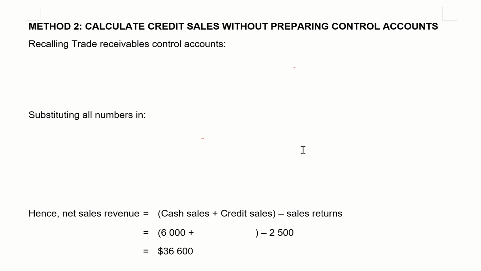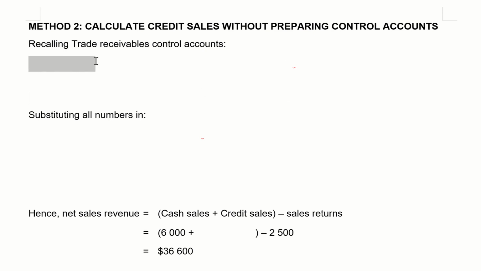Method 2 will help you to get exactly the same answer, except that you don't have to prepare the control account. All you need to do is to calculate. Write down the working, use your calculator and calculate. But although you don't need to prepare the control account, you still need to recall the trade receivables control account.